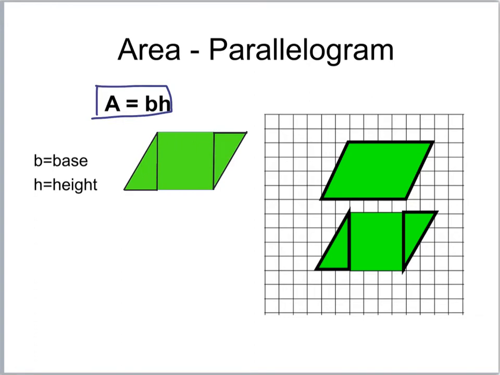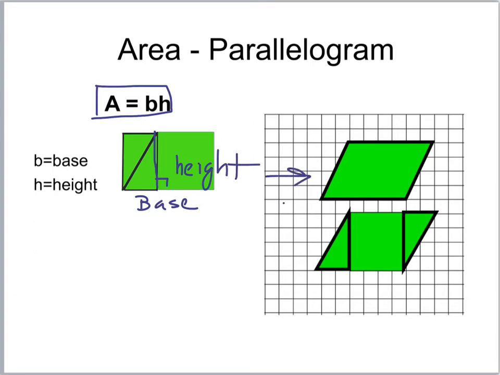So now what I'm going to do is take one of my triangles and move it to the other side. So now I've created a rectangle. And I have a rectangle that has a base and a perpendicular height. And if I look over here, on the bottom I have a base, and I'm going to draw a perpendicular line to the base, and this will be my height.